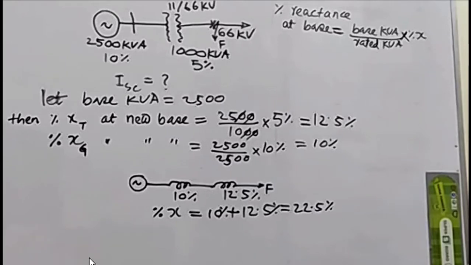Now we want to find the short circuit current. You told me the short circuit current ISC equals I into 100 divided by percentage reactance. That formula we have developed. So we need the full load current I, the rated current of the generator.